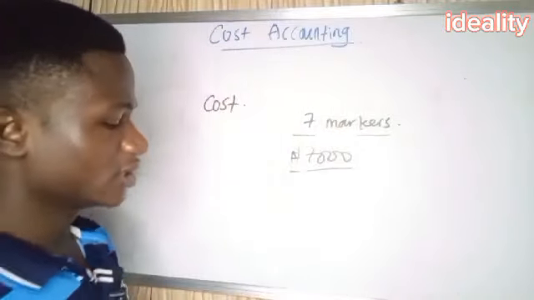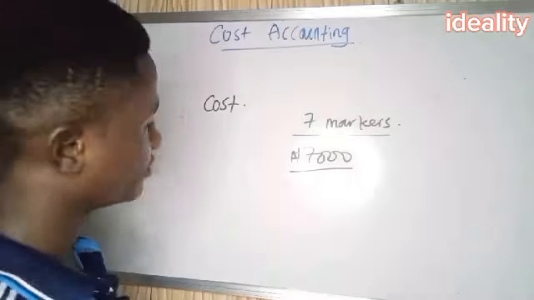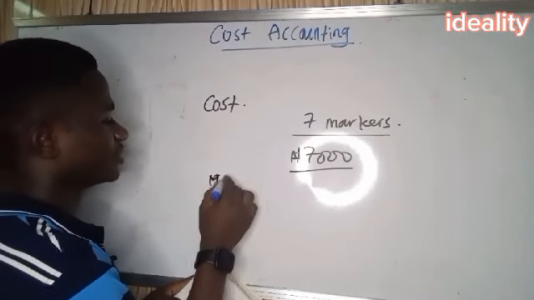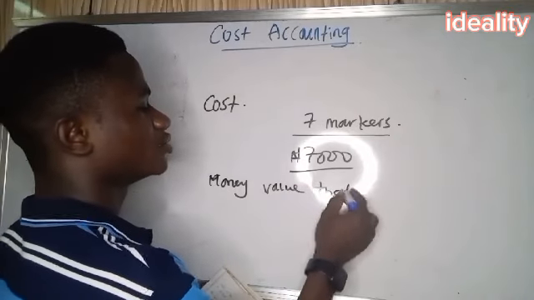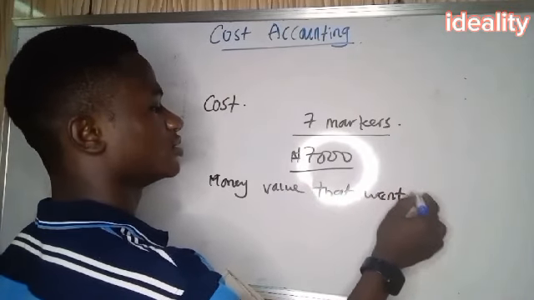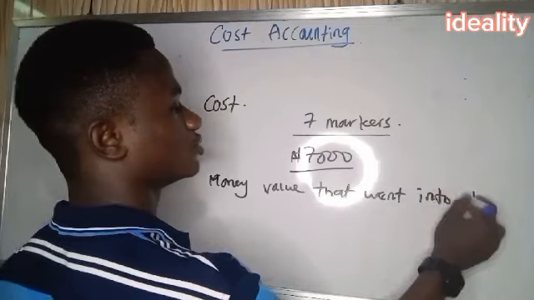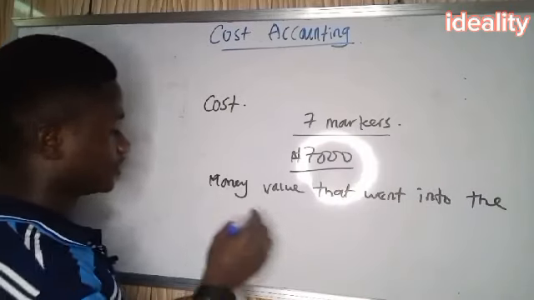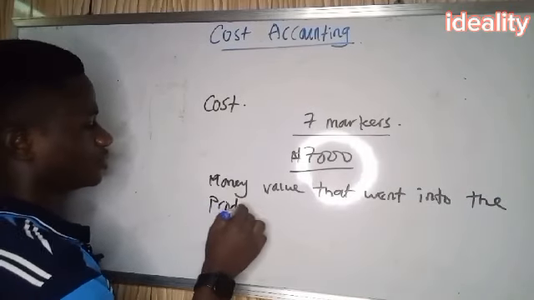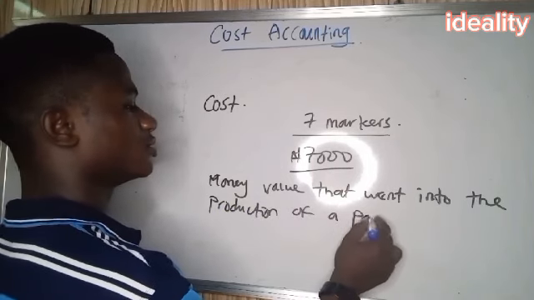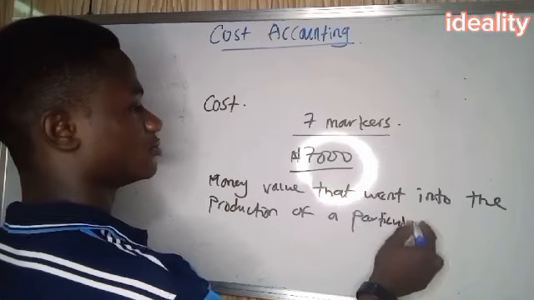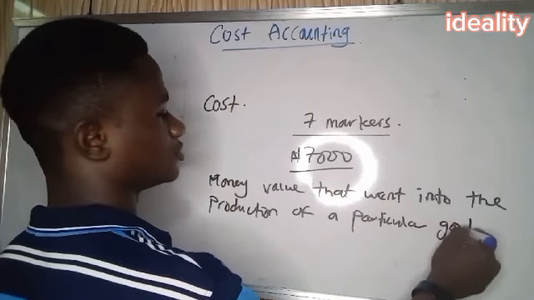So let me write it: the money value that went into the production of a particular good.